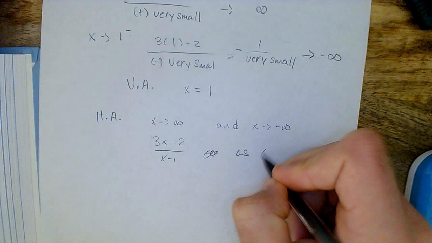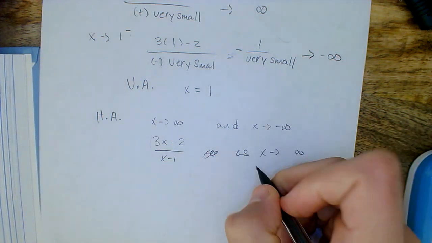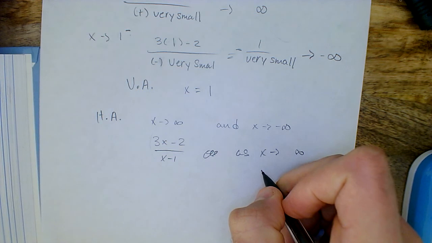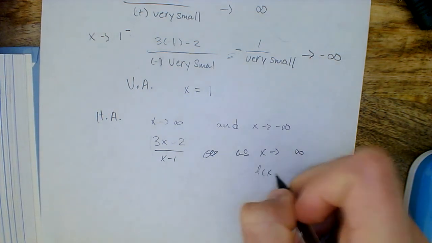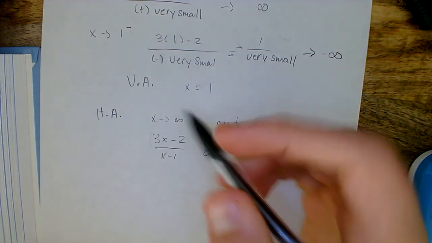So as x goes to infinity, we have that f of x goes to 3, or 3 over 1.